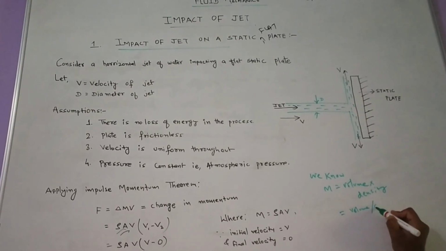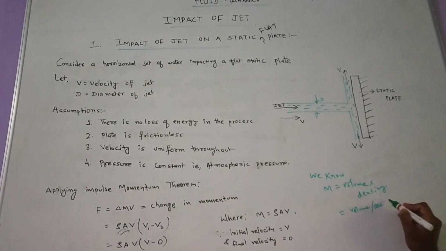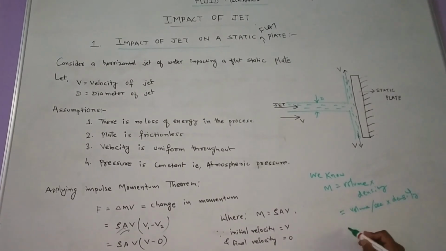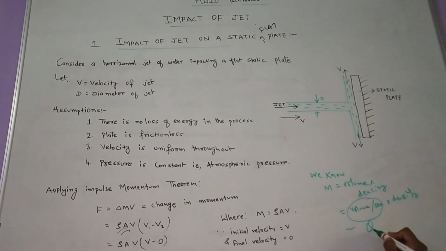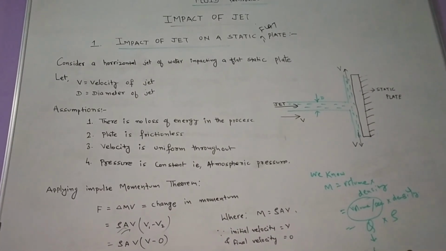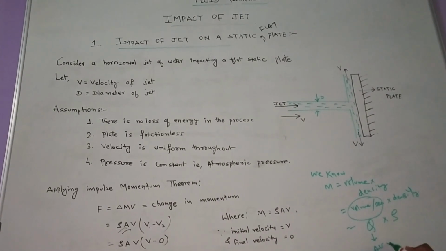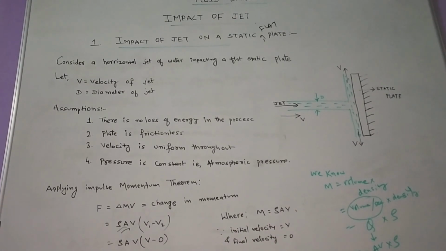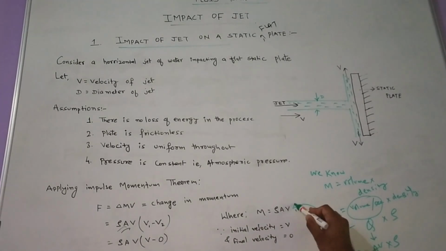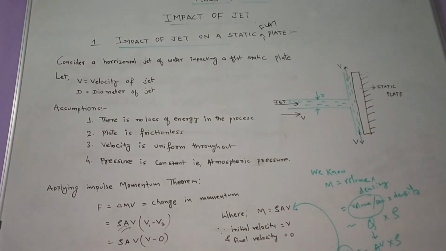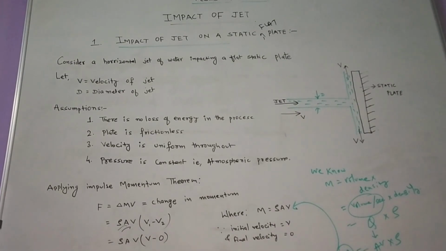Actually it is volume per second, into density of liquid. So volume per second is nothing but Q, that is discharge. We know that discharge Q is equal to area into velocity. Into density, this is mass. So this mass is nothing but this, M is equal to rho av, density of liquid into area into velocity of jet.